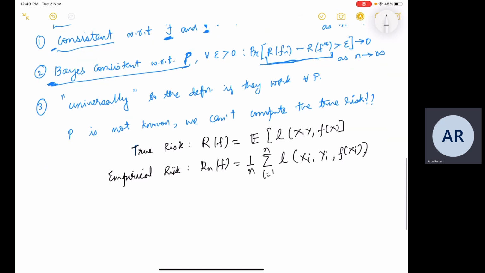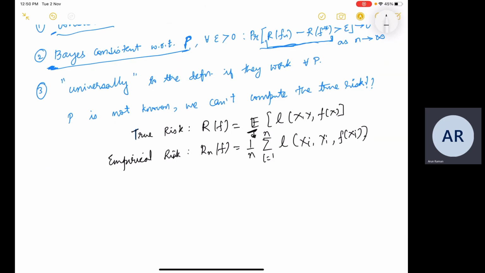Okay, so we have essentially approximated the expectation using the average over the n samples, the average loss over the n samples. Okay, and then what we say is that algorithm A works with the empirical risk, and the function fn learned by the algorithm is the argmin, the function that minimizes the empirical risk.